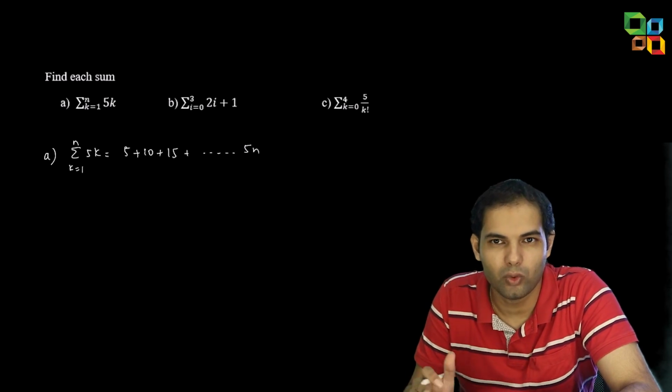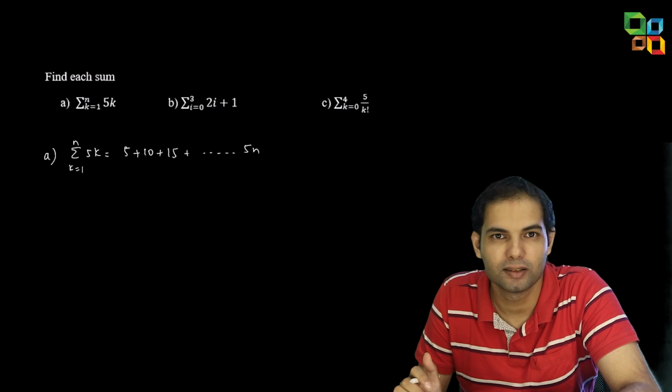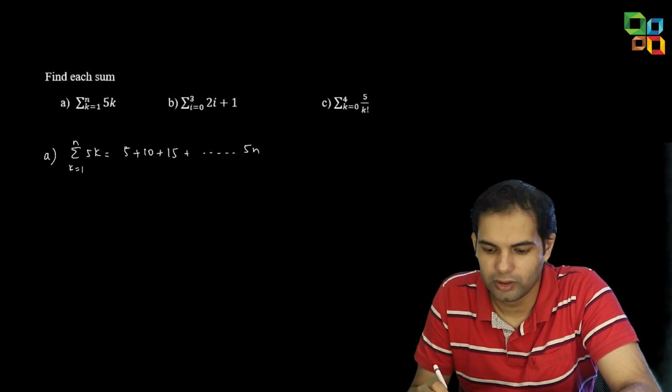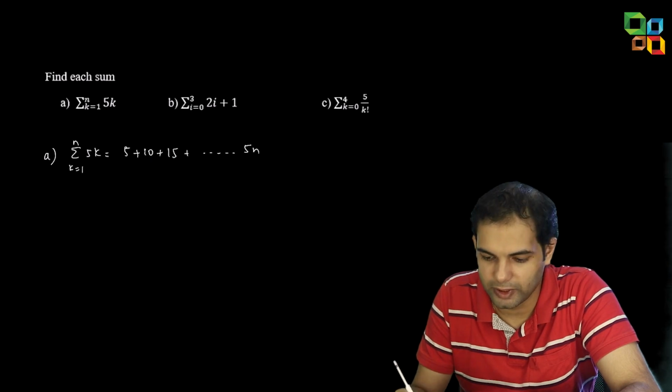So what type of sequence or series is this? You can see the difference between these terms, right? Isn't it constant? 10 minus 5, 15 minus 10. It's constant, right? So it's an arithmetic progression.